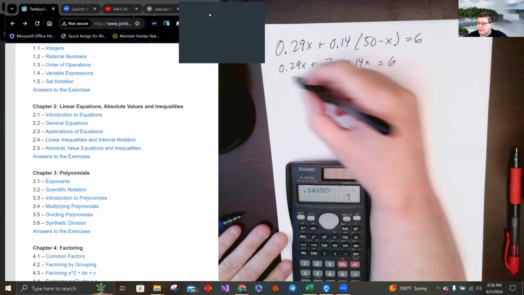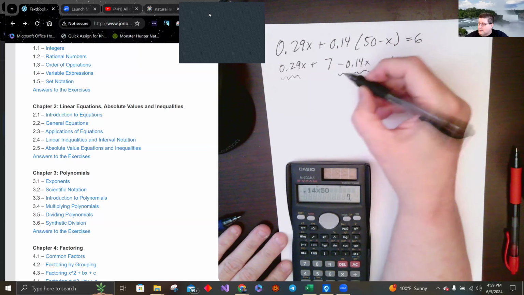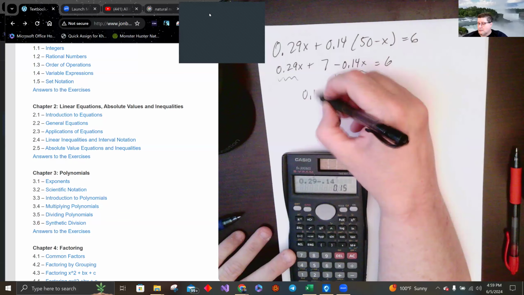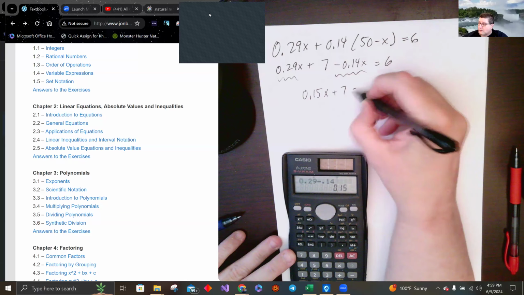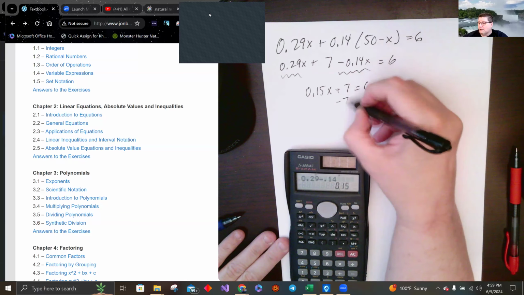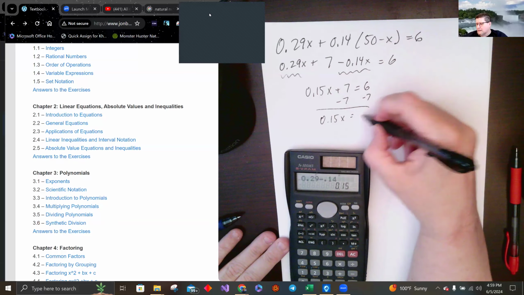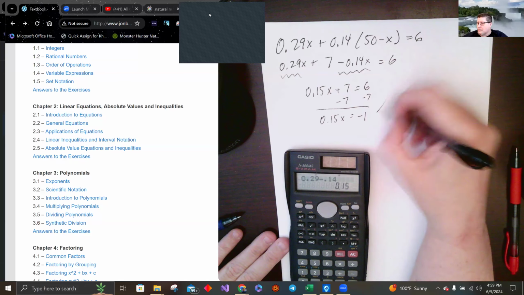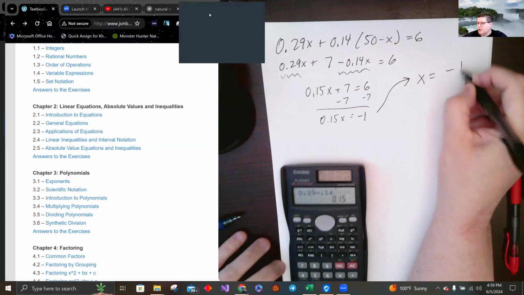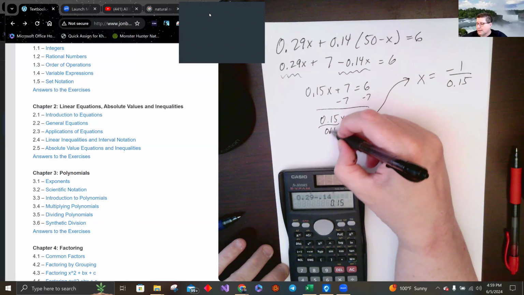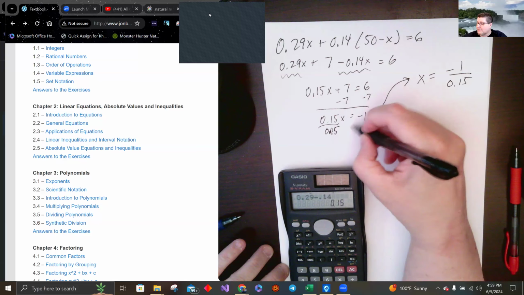Collect like terms. 0.29 minus 0.14 is 0.15. x equals -1 over 0.15 by dividing both sides by 0.15.